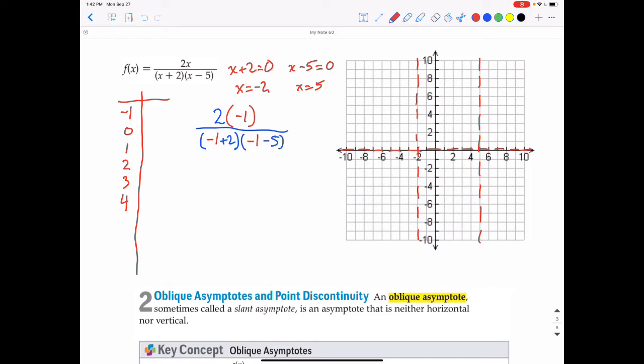So in the numerator, that would be 2 times negative 1, which is negative 2. In the denominator, it would be negative 1 plus 2, which is 1, times negative 1 minus 5, which is negative 6. And that would be negative 2 over negative 6, which would equal positive 1/3.